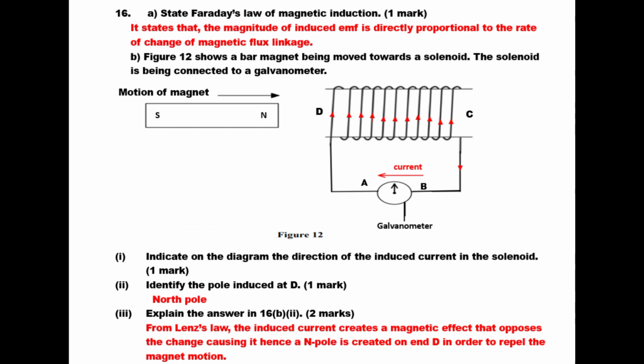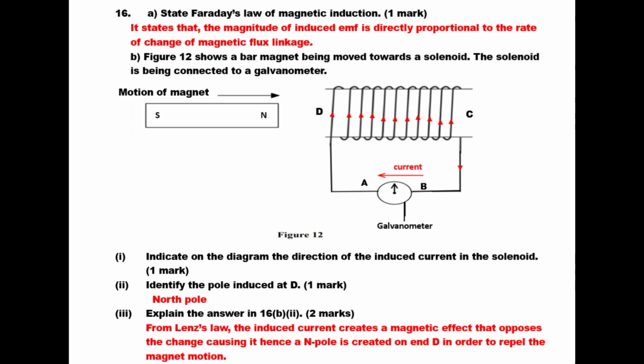So B, figure 12 shows a bar magnet being moved towards a solenoid. The solenoid is connected to a galvanometer. You have the solenoid, galvanometer, and motion of the magnet towards end D. Indicate on the diagram the direction of the induced current in the solenoid. First, note that because the magnet is moving towards the coil, based on Lenz's law, end D must form a north pole to repel the magnet.